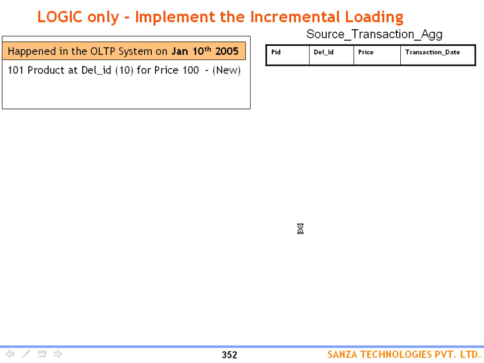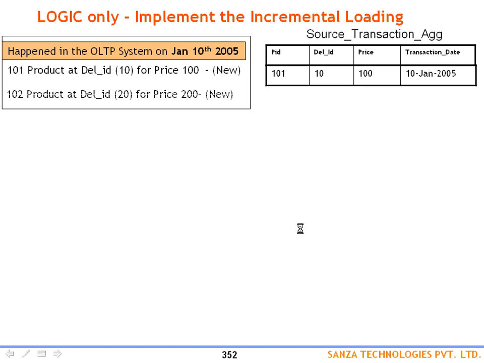Let's say they have entered transaction 101, product for dealership ID 10, for a price of 100, on January 10th, 2005. Like any mall or shop, when you buy something, it records at what shop you bought it, the product ID and the price.